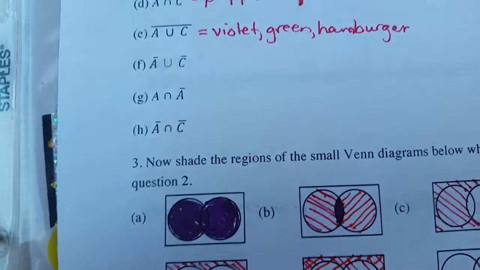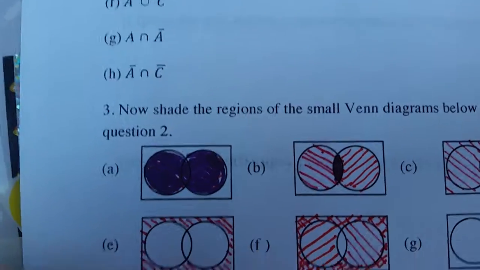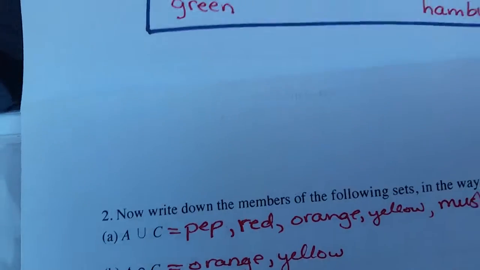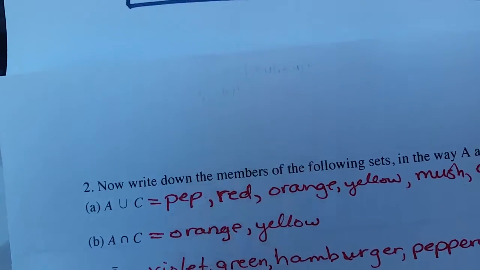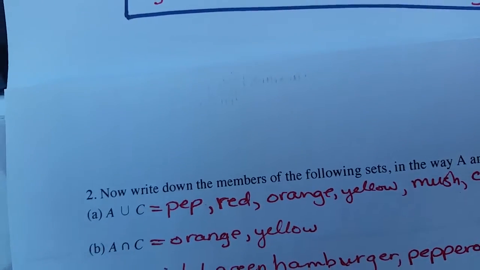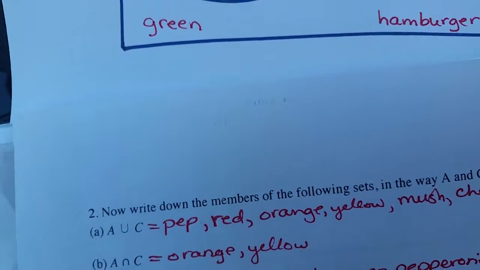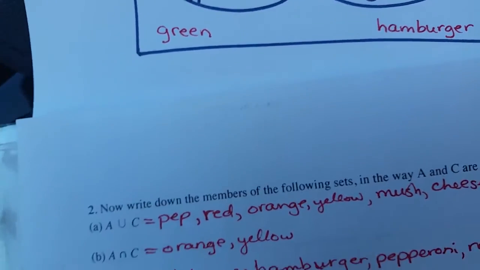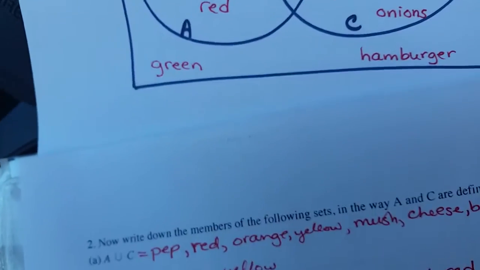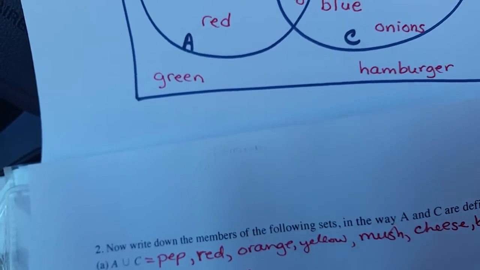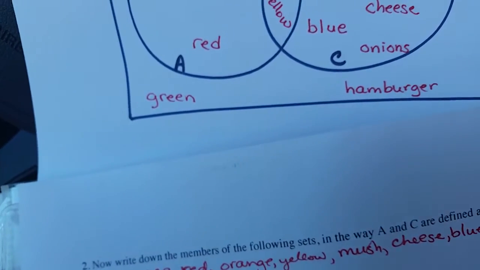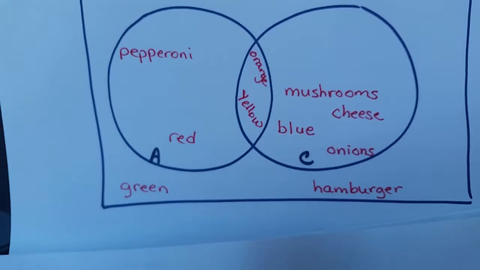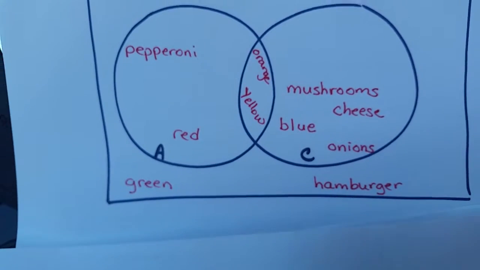So the things that we want are everything except orange and yellow, right? So we copy down everything else. We want violet, we want green, we want hamburger, we want pepperoni and red, and we want blue, onions, mushrooms, and cheese.